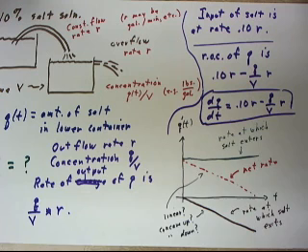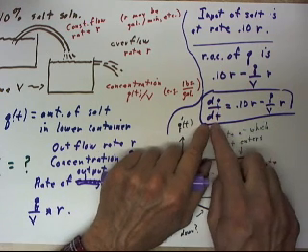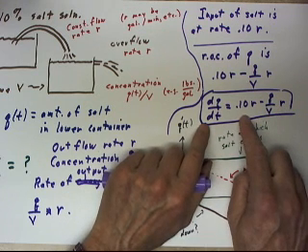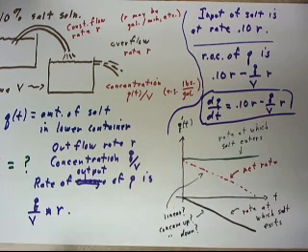This equation can be rearranged into dQ/dt plus Q over V times R equals 0.10 R, and that's going to be a linear non-homogeneous equation.